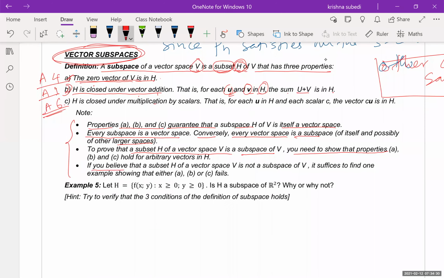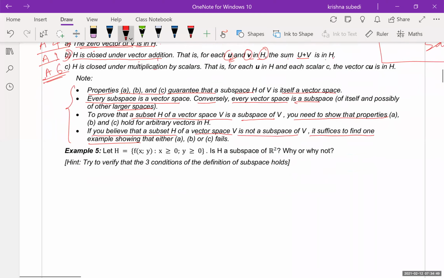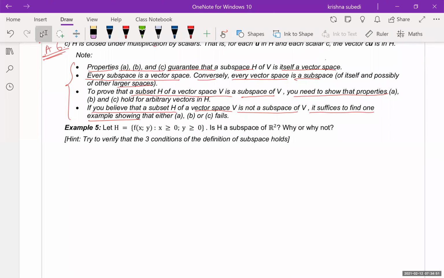Now, if you believe that a subset H of a vector space V is not a subspace of V, it is enough to find one counterexample, one example showing that one of the three conditions is not satisfied. So too much talking. Let's look at some examples. I will go first.